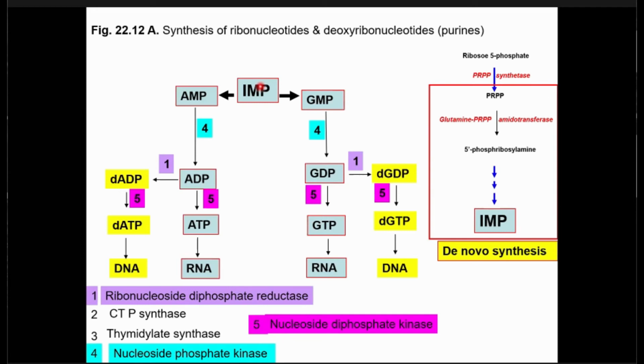And we also said that from the IMP we get AMP and GMP. All these are purine nucleotides, and they are the end product of de novo purine synthesis. Once you have the IMP, you get the AMP. This line, can you see, is for the RNA. The GMP, this line is for the RNA.